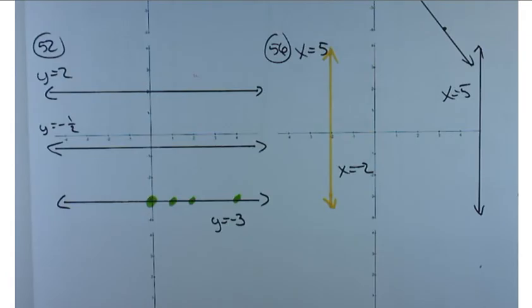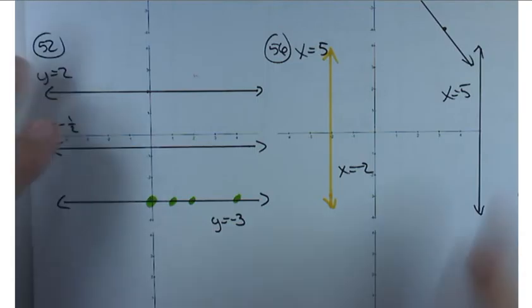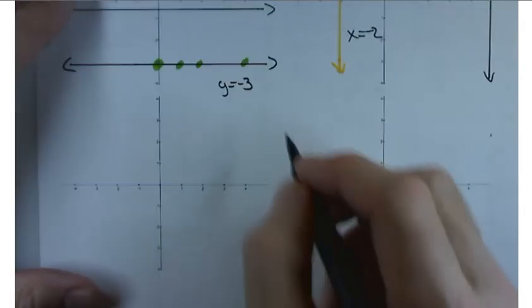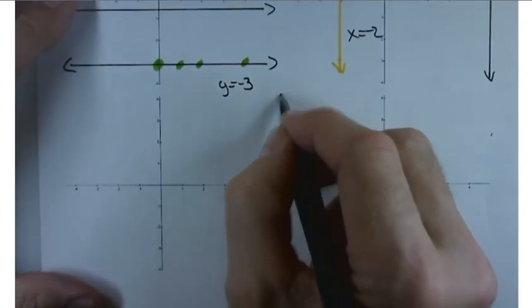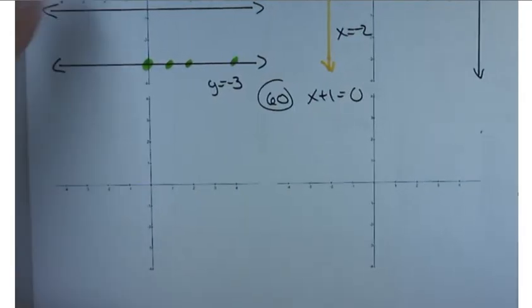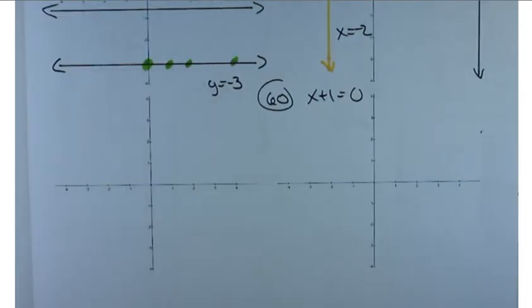Anything else that you'd like me to say or discuss on that one? I guess there is one last little variant on this. It's a problem like number 60. Problem 60 asks you to graph x plus 1 equals 0. Not necessarily clear at first glance what that graph's going to look like. I'll tell you what, how about if I subtract 1 from both sides?